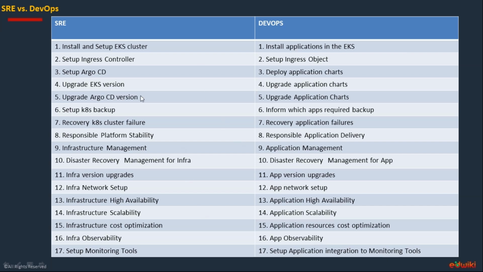Installing and setting up the EKS cluster from scratch is usually done by the SRE team. Once the cluster is ready, installing applications on that Kubernetes cluster, like deploying your microservices, will be done by the DevOps team.